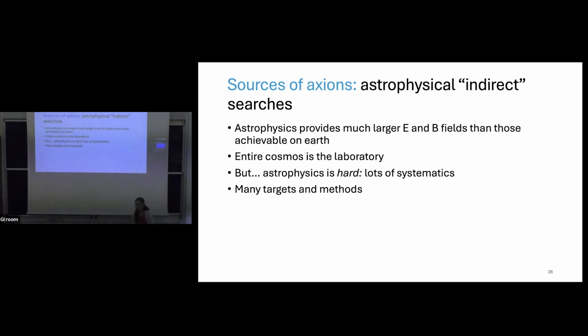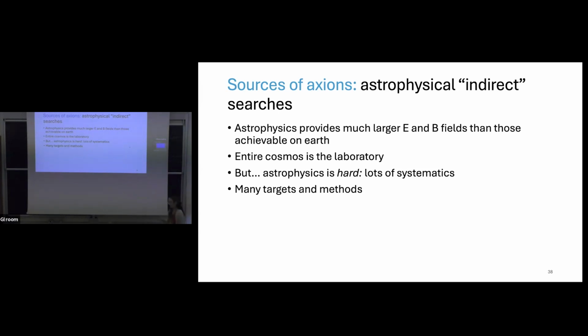Now, why would you want to do this? Well, out in the universe, not in our lab, you can have very, very strong fields. And so this is a really great way to both create and destroy axions that you're not able to actually make in your own lab. The other thing is that the entire cosmos is your laboratory, right?